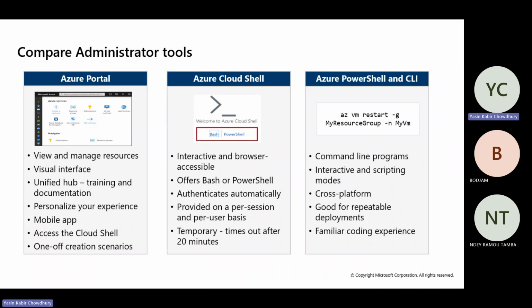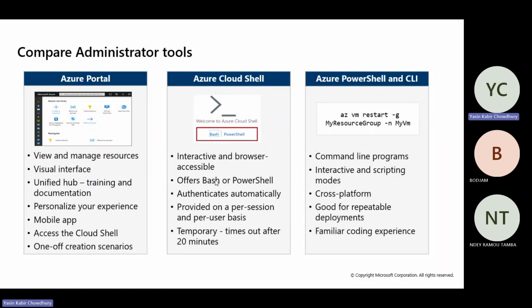Access Cloud Shell. There is one called Cloud Shell. Cloud Shell is like a command line. You have to memorize some commands, then you can create those things. So Azure Cloud Shell is interactive and browser accessible. It will open in the browser, and it offers both Bash and PowerShell.